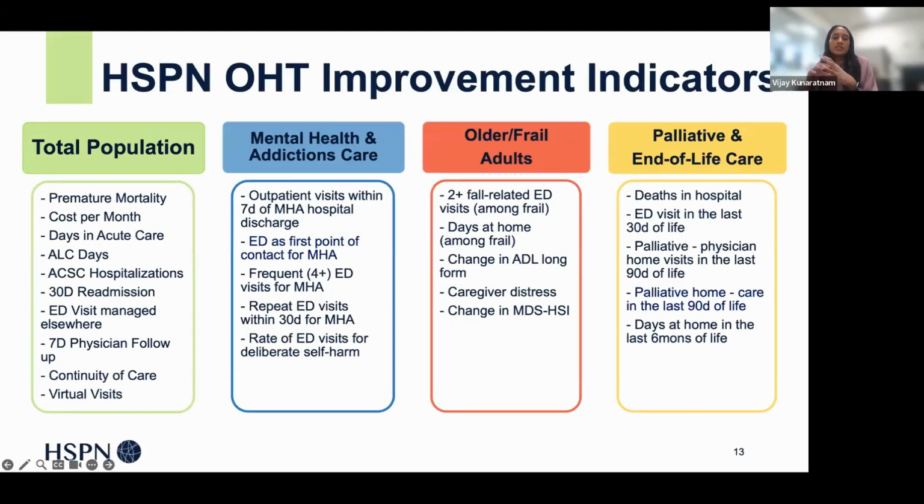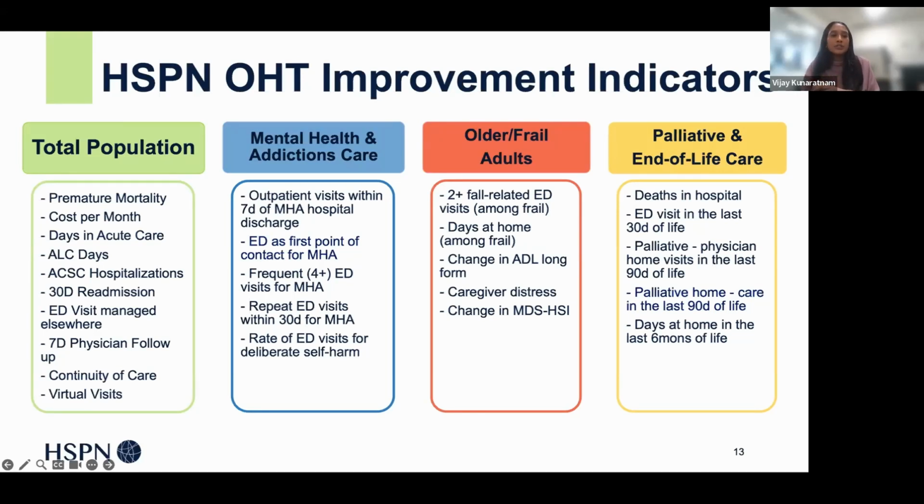These are a list of improvement indicators that we looked at when we were ranking all of the OHTs against each other. You can see there are 4 major headings or subgroups. The first one is 10 overall total population improvement indicators, and we look at things like premature mortality, ALC days, ACSC hospitalizations.